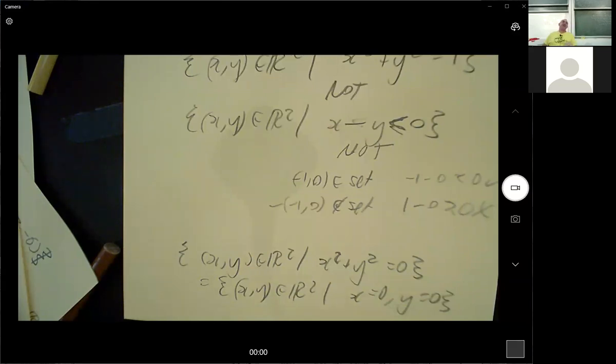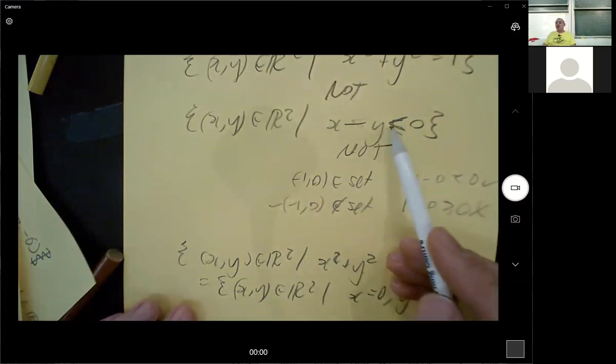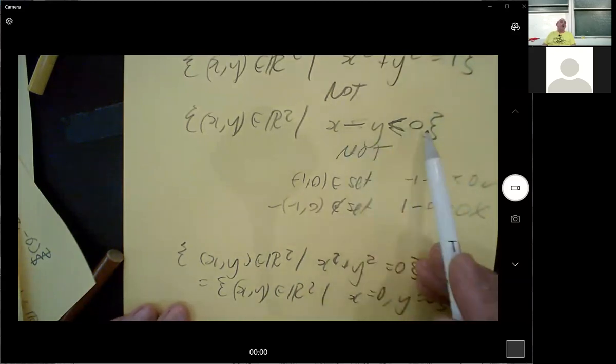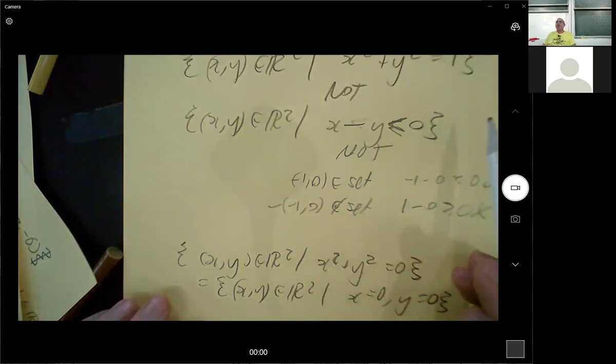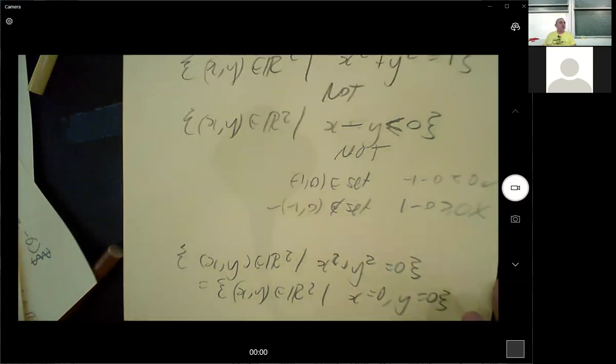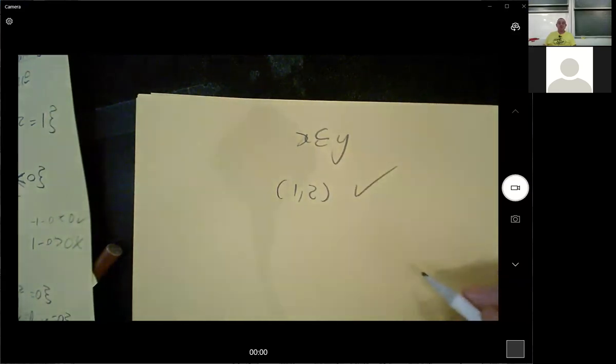So I wouldn't say that every inequality ever is definitely not a subspace, but it is almost surely not a subspace. Yeah. The reason it isn't is because this is saying that x is less than or equal to y. And if I multiply that by -1, then it wouldn't necessarily be true anymore. So if I had x is less than or equal to y, if I had the point 1, 2, that works.